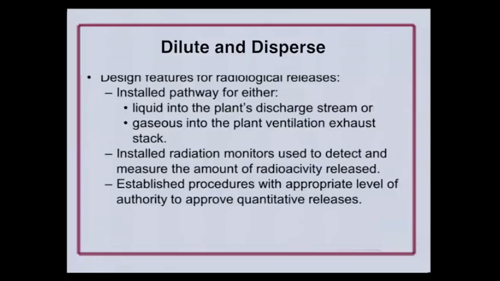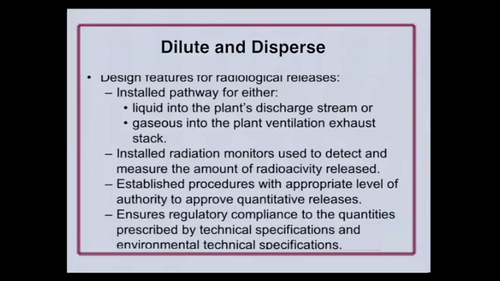The release is usually calculated by the cognizant group, which normally is the chemistry group. They're the ones to sample it, quantify it, and make a recommendation on the discharge. There's plant procedures that govern this, but you also have the Environmental Protection Agency or State Department of Health that has a discharge permit that has to be filled out every time a discharge is made.